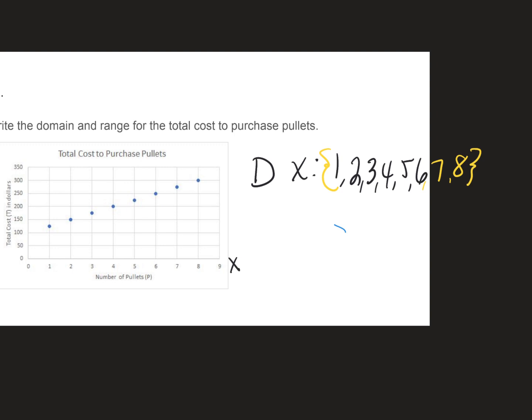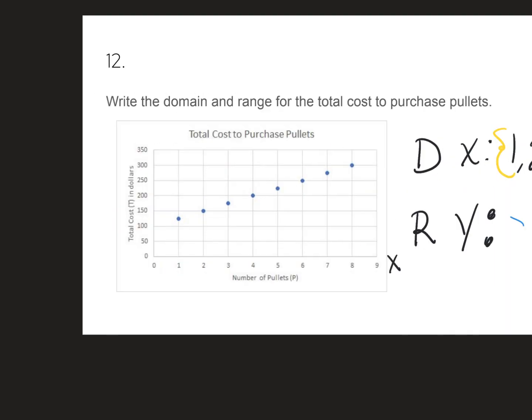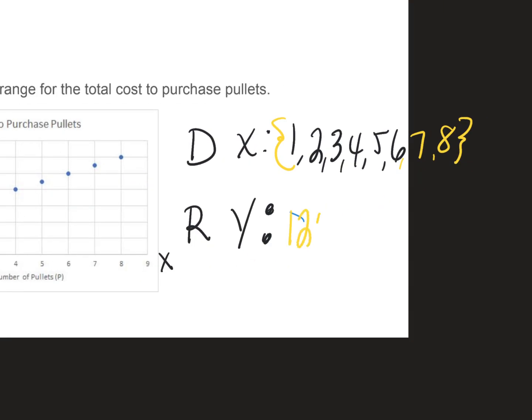Range is the same thing, but now we're going to go bottom to top because it's the y values. And this is an approximation. Looks like each of these is kind of halfway in between these points. And I'm going to read the y-axis, which are these values. So my first y value looks like it comes between 100 and 150. So that's going to be 125.